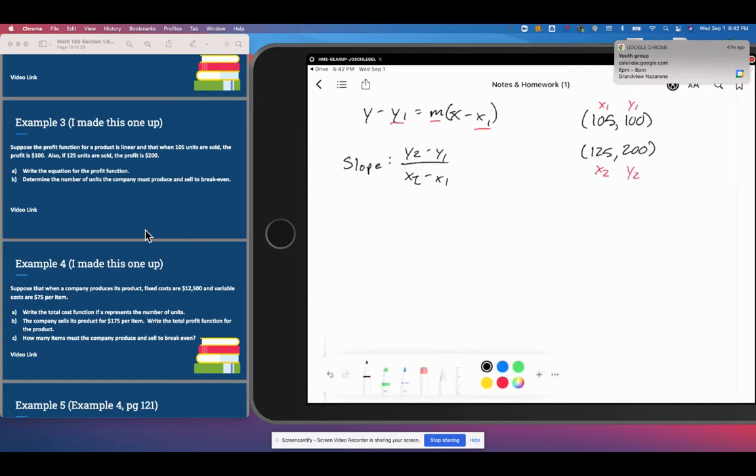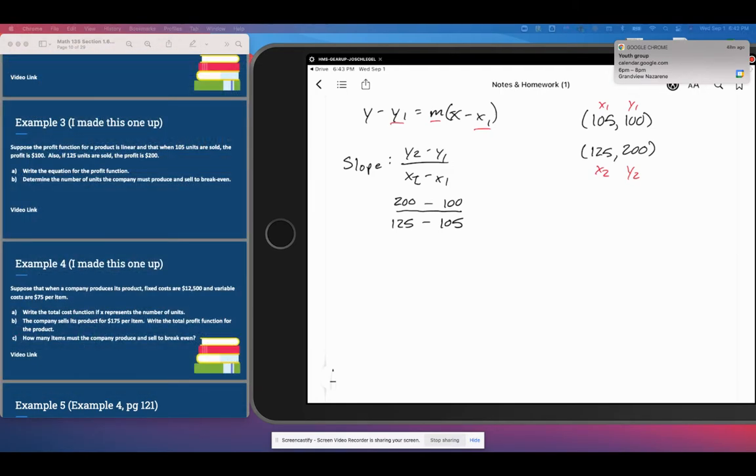We'll plop those values in, and this time I am going to remember to put my fraction bar with my minus signs in first. So y2 minus y1 is 200 minus 100. x2 minus x1 is 125 minus 105. Of course, I'm going to give that to Wolfram and let Wolfram handle it for me.